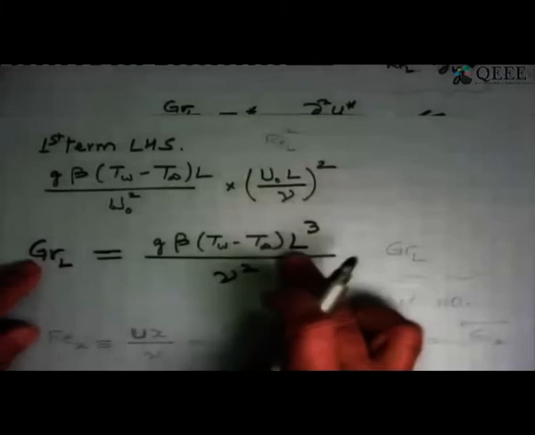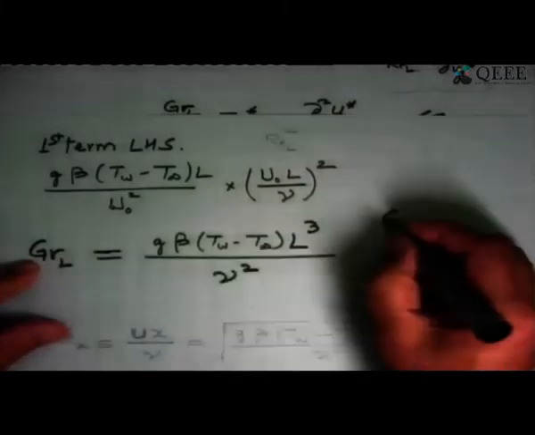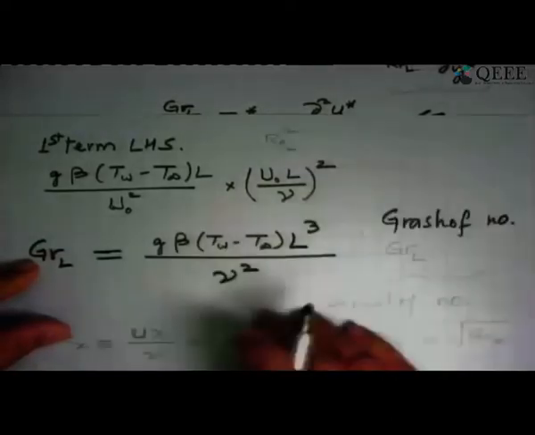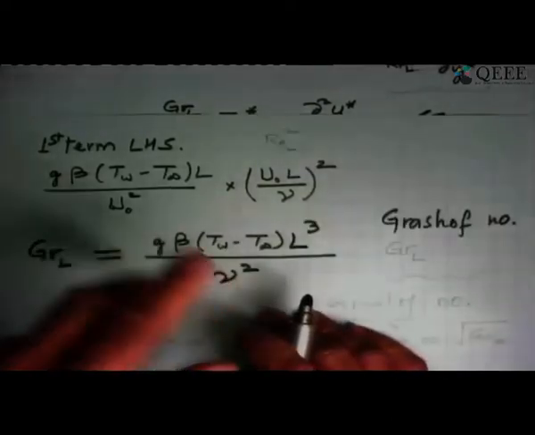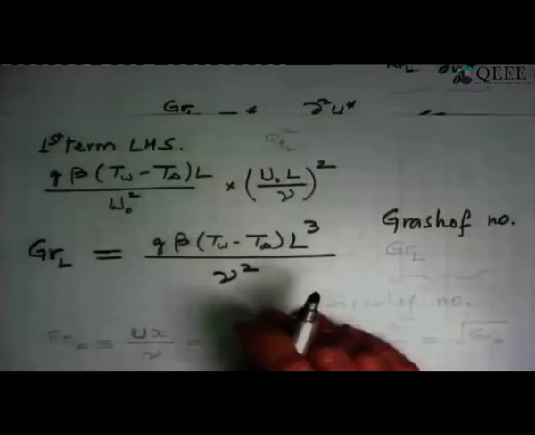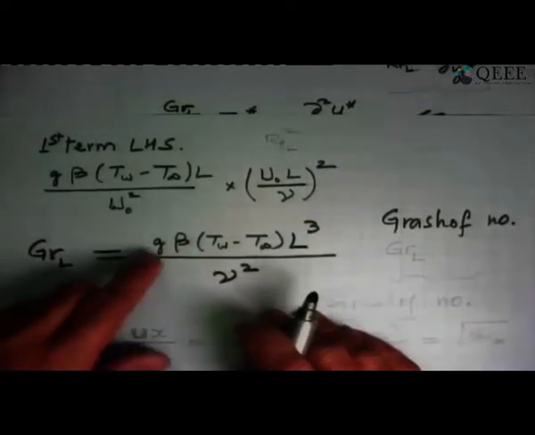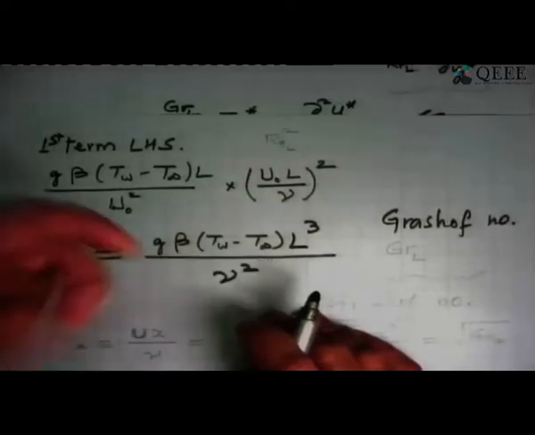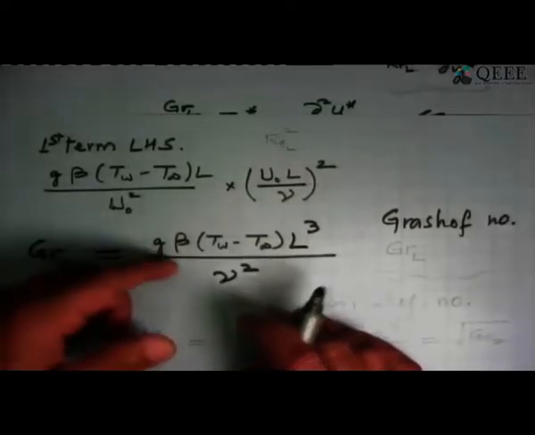This is a new non-dimensional number that we have now come up with. We call it Grashof number for the length parameter L, and that is an important number in natural convection or free convection. So g, beta is the volumetric coefficient of expansion. Tw minus T infinity is a typical peak temperature difference in the problem.